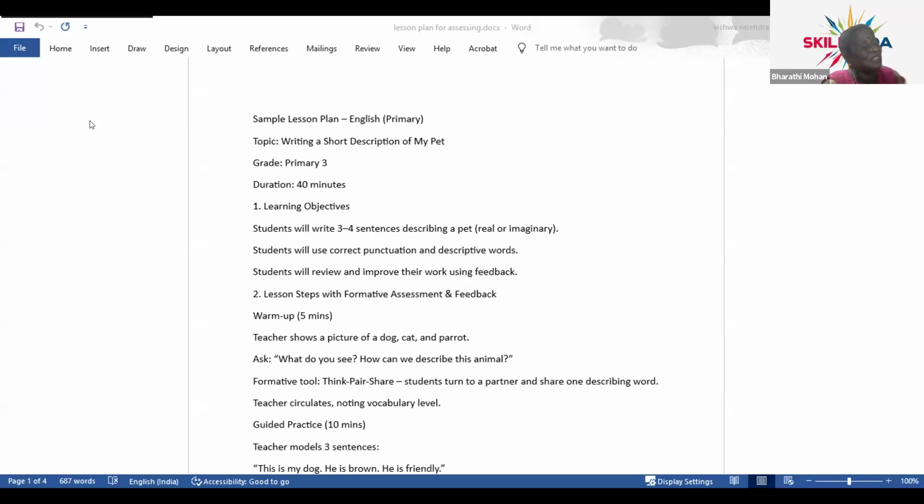And we also have a diagram for blends: p, l, pl; b, l, bl; s and k, sk. Q has no sound on its own; when Q joins with U, it has the sound quack, quack, quack.